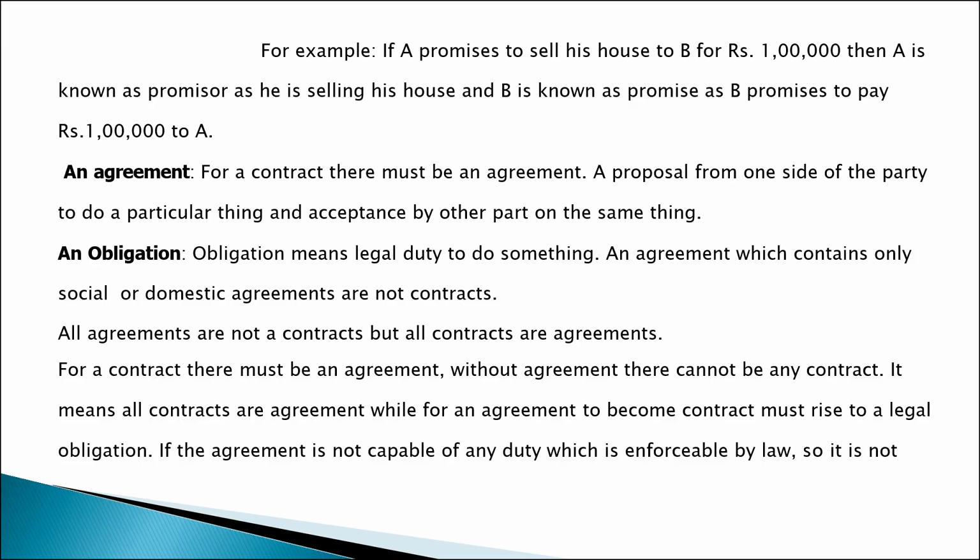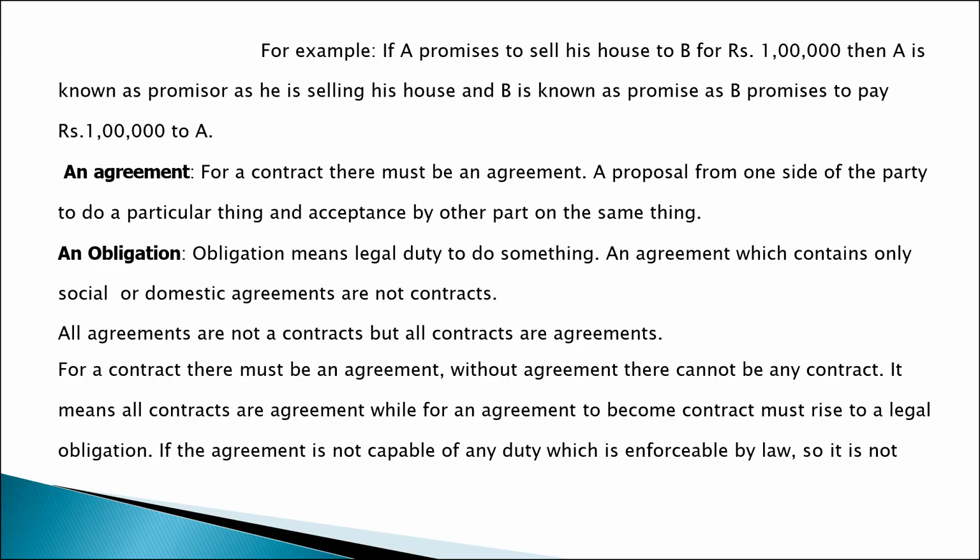All agreements are not contracts, but all contracts are agreements. Without agreement, there cannot be a contract. It means all contracts are agreements, while for an agreement to become a contract it must give rise to a legal obligation.